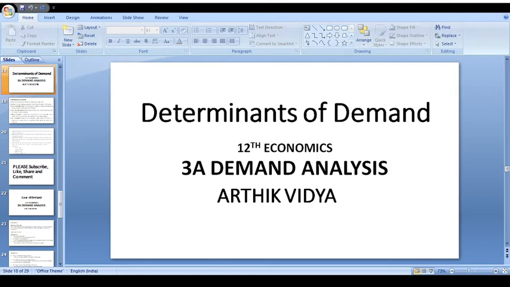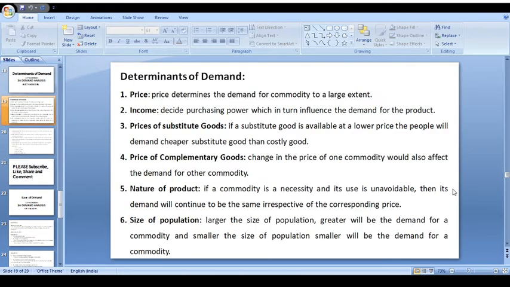The demand for goods is determined by the following factors. The first factor is price. Price determines the demand for a commodity to a large extent.